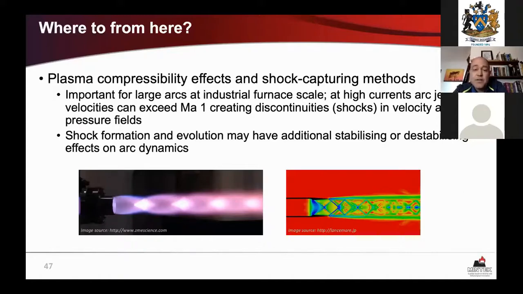But quite a lot of the recent work on AC arcs suggests that big arcs can become a lot more diffuse and might only reach the supersonic regime at much higher currents, if at all. So regardless of when they occur, there's also quite a bit of conjecture about how shocks in the plasma would affect the arc's behavior. But in the absence of good experimental data at very, very high currents, computational models can probably start to provide us some useful insight here.